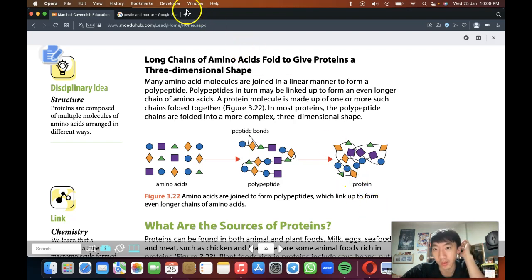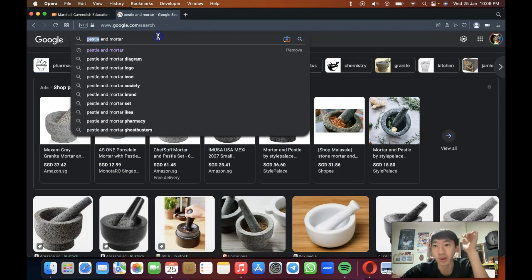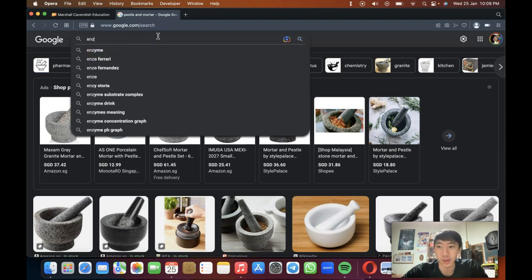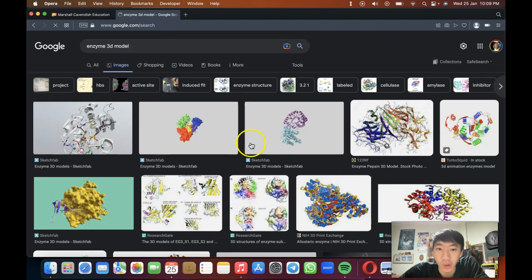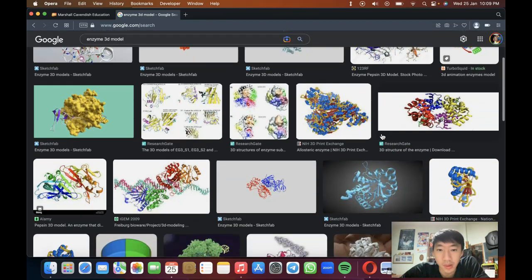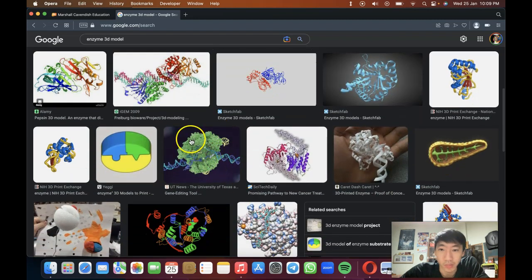So let's look at some common enzyme 3D models. This is how various enzymes look in our body. They are represented by these models or these kind of blobs, and that's how our body works.